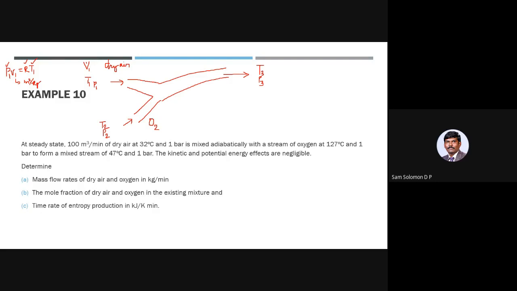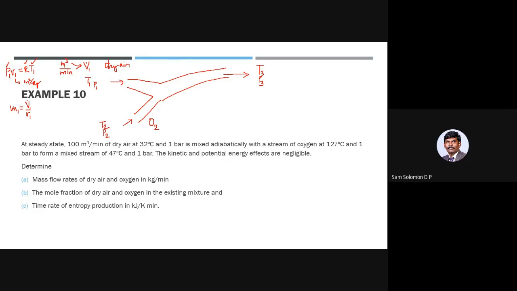So this V dot is in meter cube per minute. So if you want to find out M dot, hope now you are aware what we are going to do. M dot is capital V dot divided by small v. So you can say V1 dot divided by small v1.